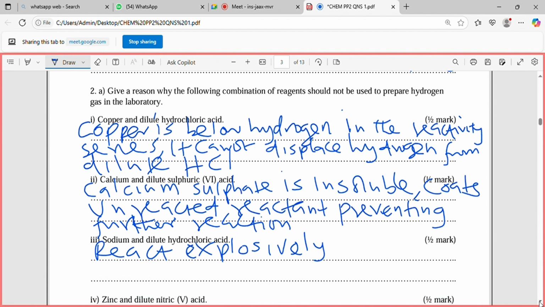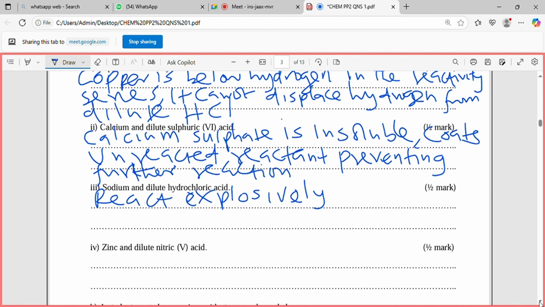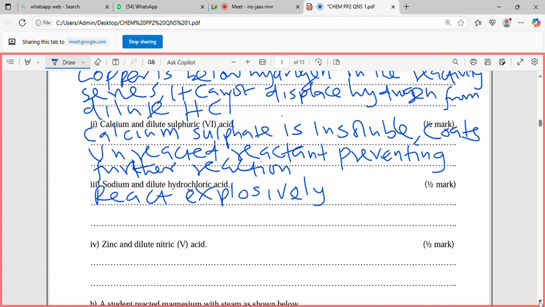Next, zinc and dilute nitric(V) acid. Generally, nitric(V) acid is a strong oxidizing agent, so the hydrogen formed will be oxidized to water.